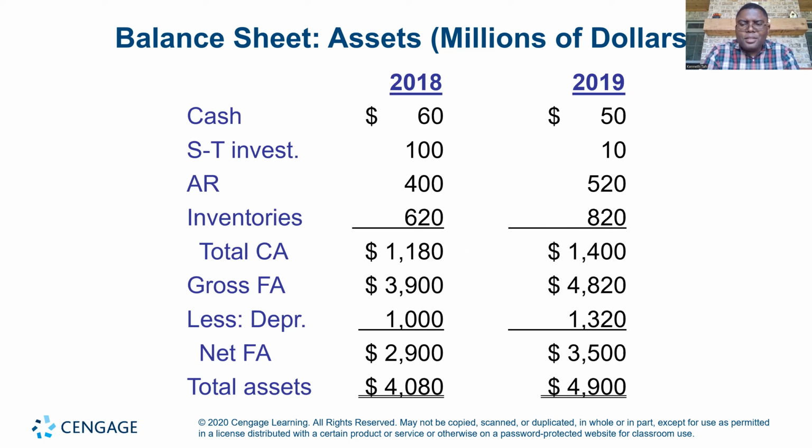So it gives us the company's financial position as at December 31st, 2019 or 2018. So we find the balance sheet for the year 2018 and 2019.